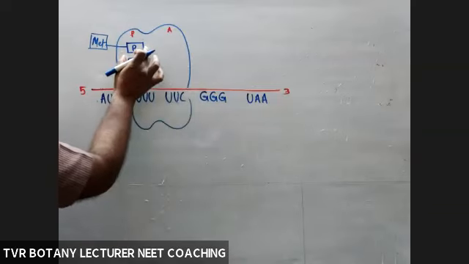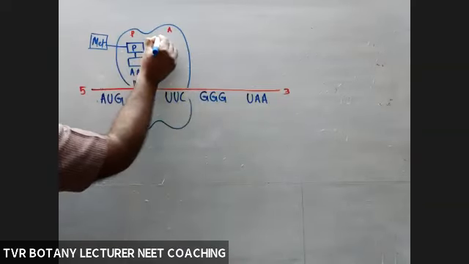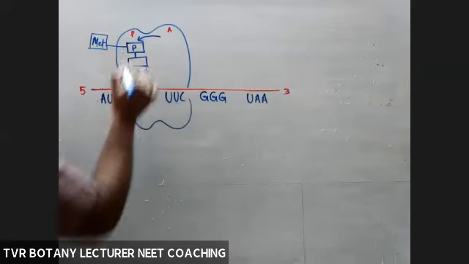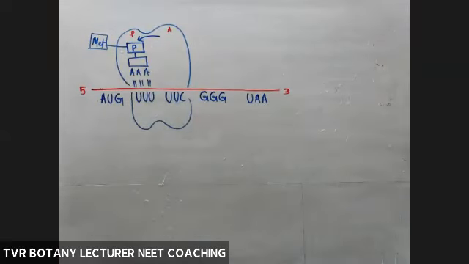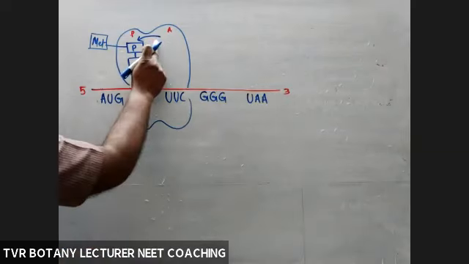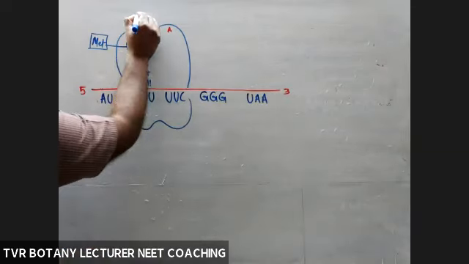It is shifted to the P site. So the shifting of that one means a peptidyl tRNA. Peptidyl tRNA means the tRNA to which the growing polypeptide chain is attached. The tRNA to which the growing polypeptide chain is attached is called a peptidyl tRNA. So that shifting is called translocation.